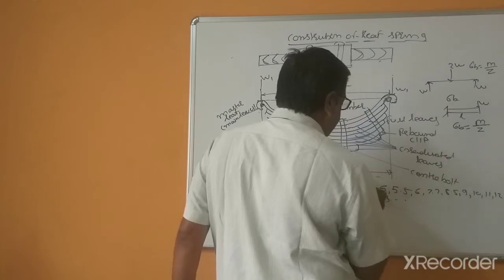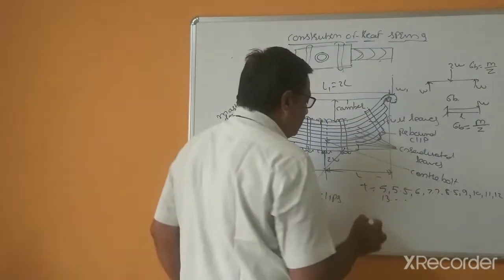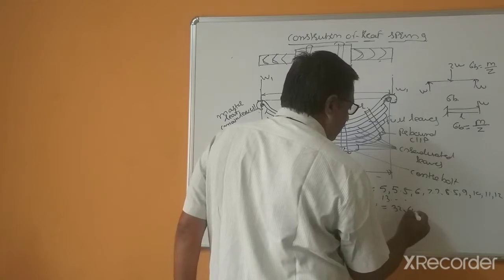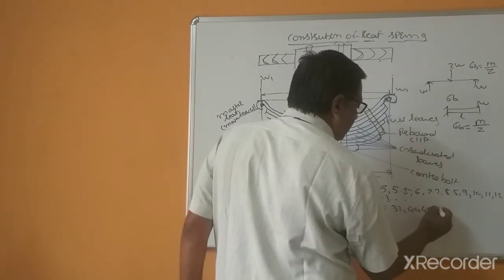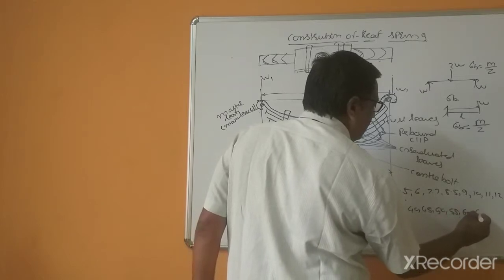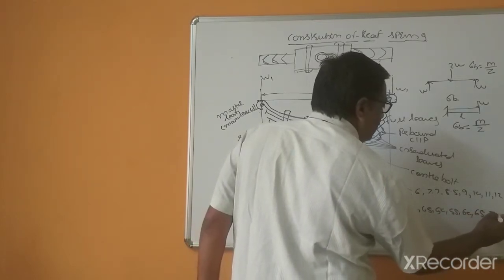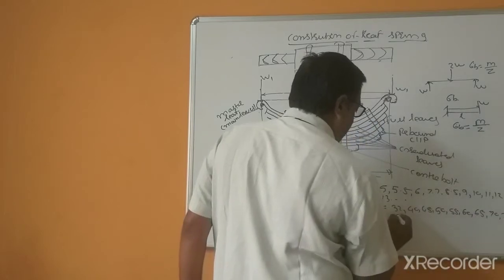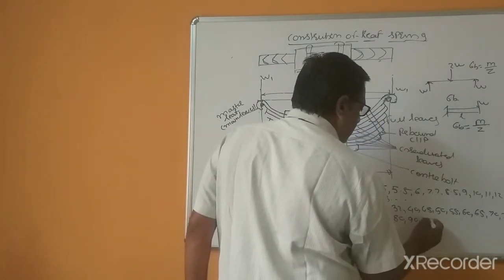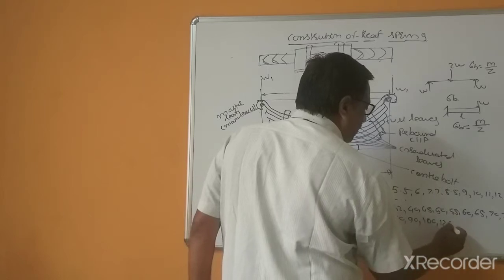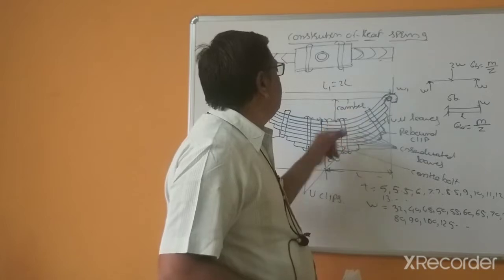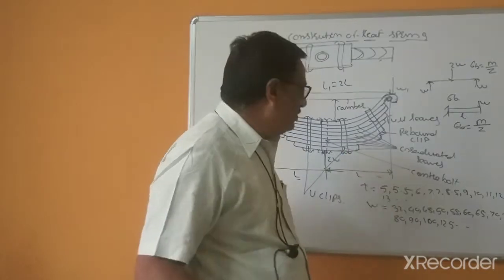This is the thickness of these straps, and the width equals 32, 40, 45, 50, 55, 60, 65, 70, 75, 80, after 80, 90, and after 90, 100, 125. Likewise, these are the widths of such plates. These are the standard dimensions.